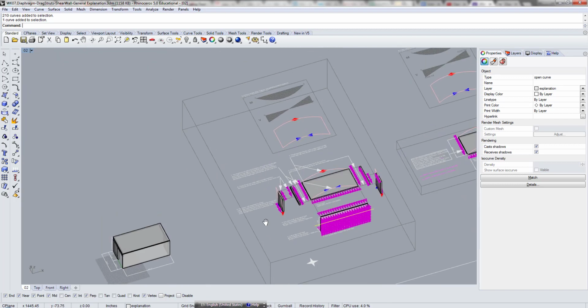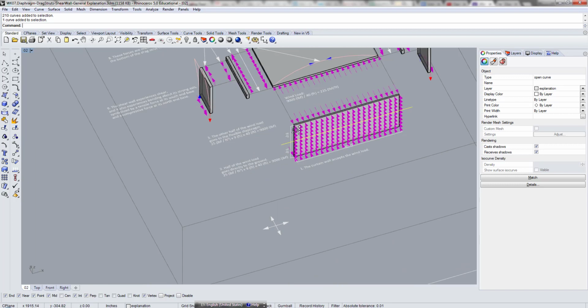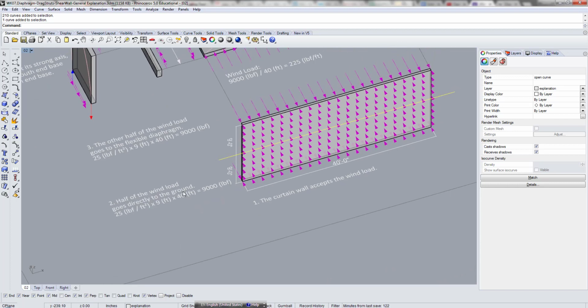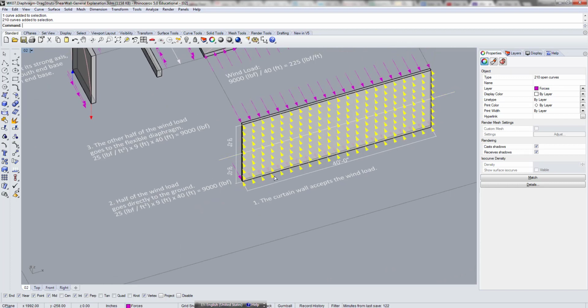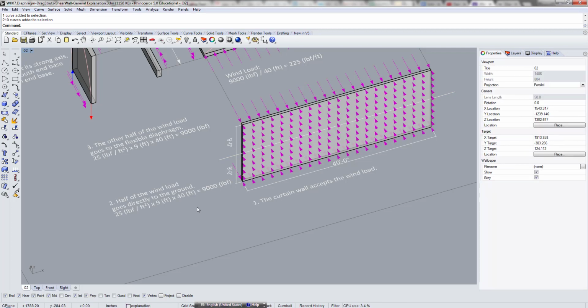Another assumption is that the wind hitting the wall is 25 pounds force per square foot. So for each square foot, 1 foot by 1 foot, there's 25 pounds force pushing onto that wall.